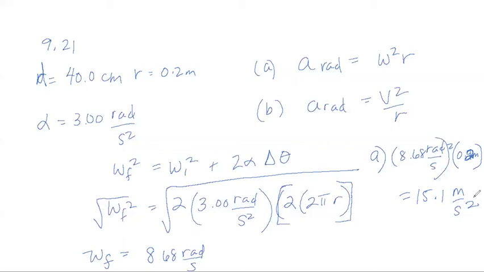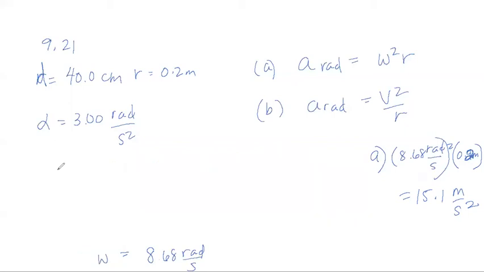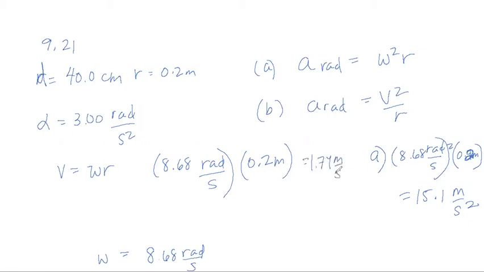Now, let me pause and clear. Okay, and we know that v equals omega R. So v is going to be equal to 8.68 radians per second times 0.2 meters. So v is going to give me 1.74 meters per second.